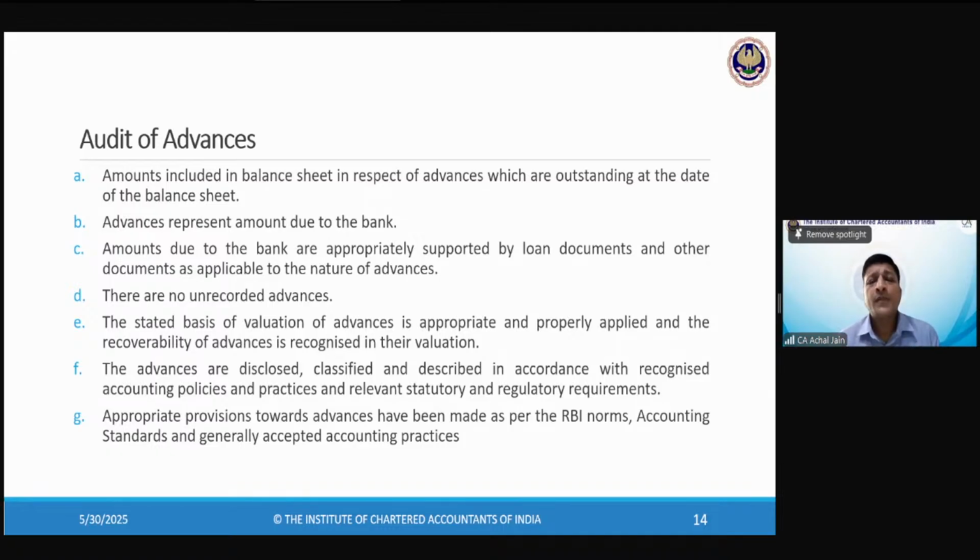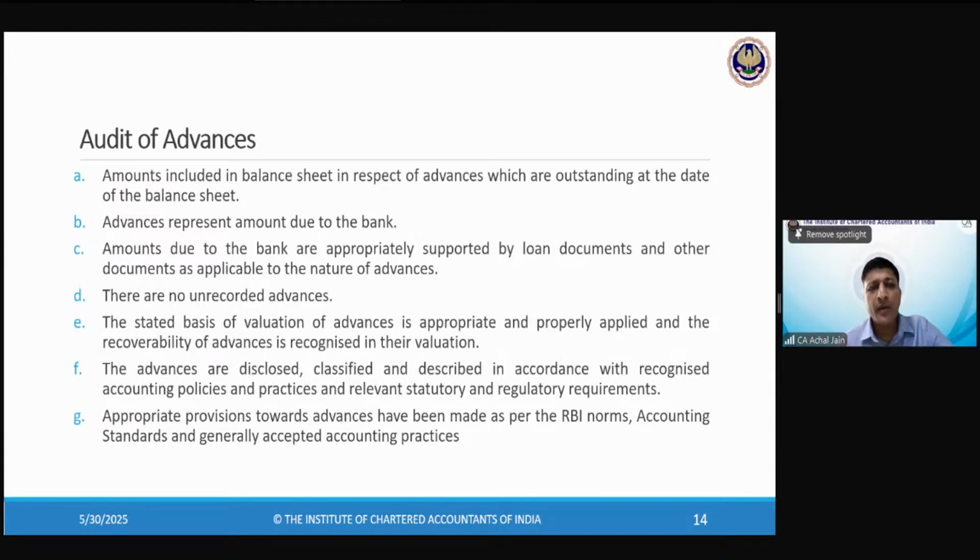Further, we also discussed that when it comes to the presentation of those advances in the balance sheet, in the financial statements, there again we have various disclosure requirements. There are different ways we need to look into.